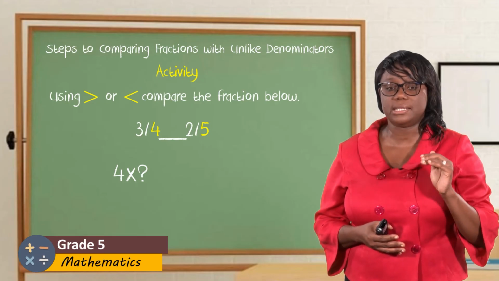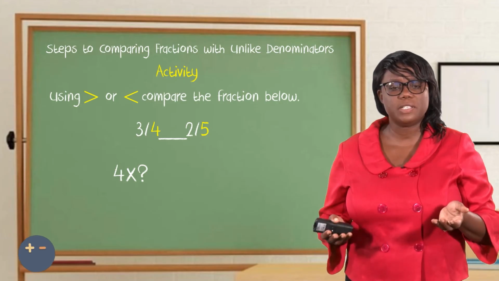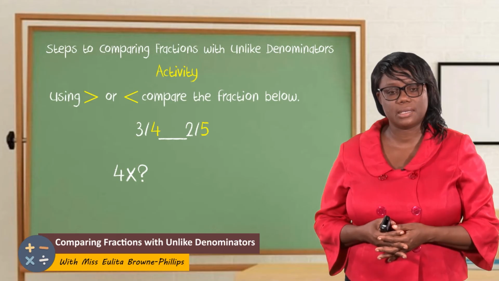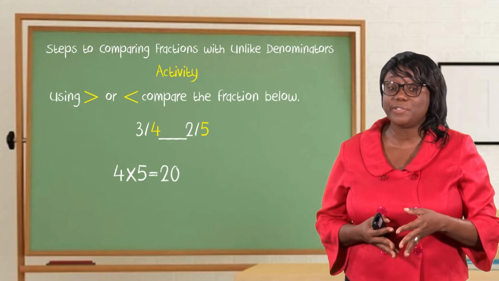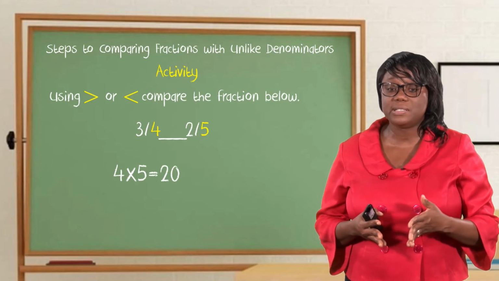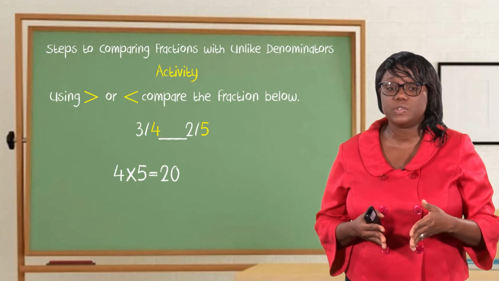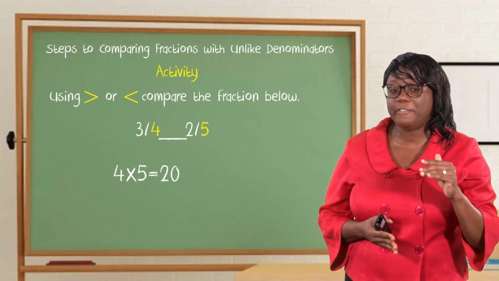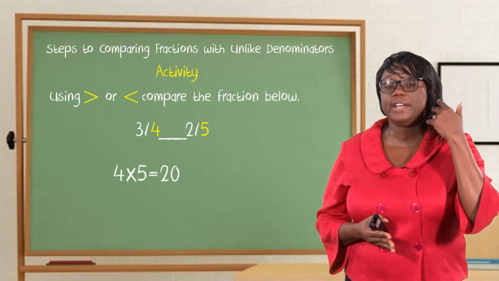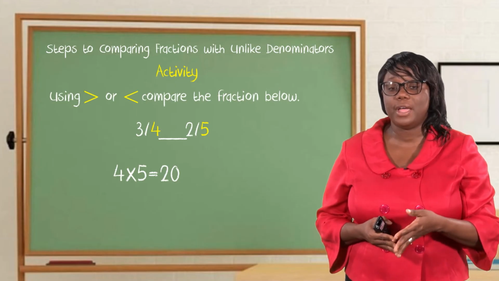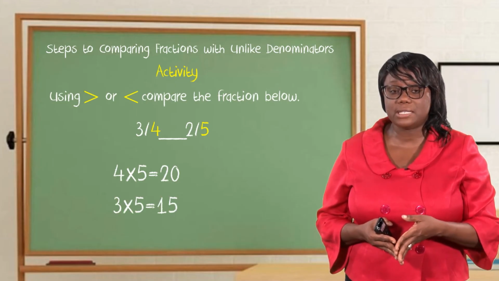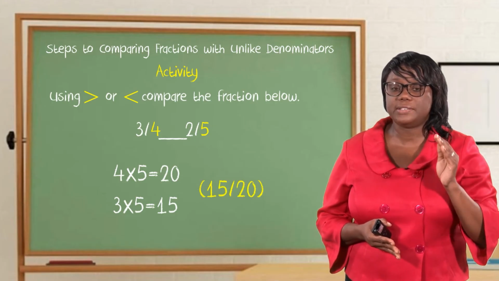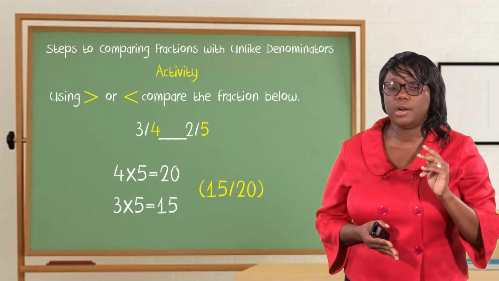The denominator is 4. What must be multiplied by 4 to get 20, boys and girls? Yes, of course, 5. 4 times 5 will give us 20. So we multiply the denominator by 5. So we have to multiply the numerator by 5. 3 5s, 15. So the new fraction is 15 over 20.